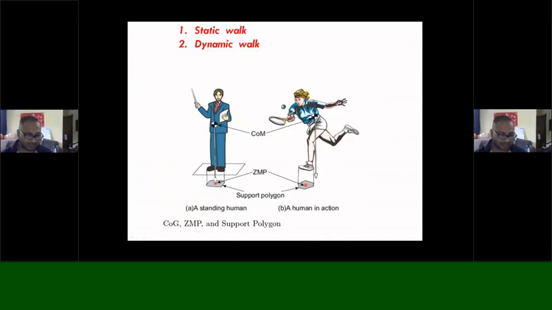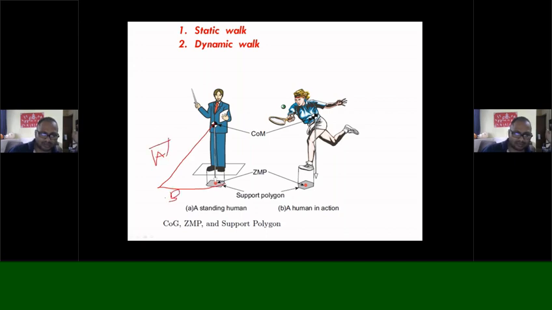The walk could be static walk and dynamic walk. In static walk, what is happening? Your center of mass projection is passing through the support polygon which is formed by your legs. In case of dynamic walk, when you are playing badminton and tennis, that time you will have that. And the position of center of mass is not falling over the support polygon which I have prepared. So maybe this is your vector A, center of mass.